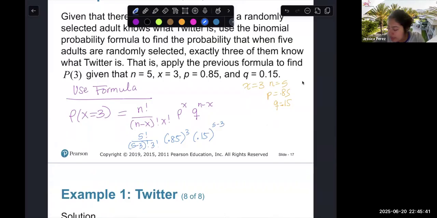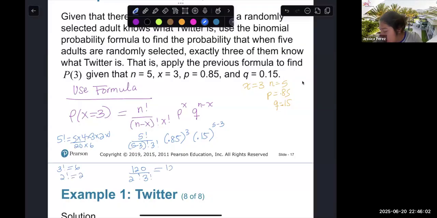So then I can do this side, 5 factorial. 5 factorial is 5 times 4 times 3 times 2 times 1. We have 20 times 6, or 120, over 2 factorial, 3 factorial. 3 factorial is 6, 2 factorial is 2. So here we're going to simplify 120 over 12.